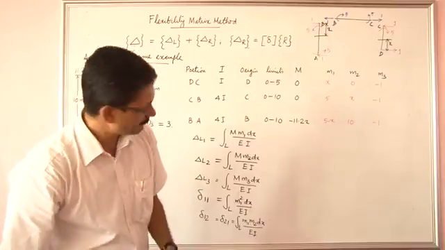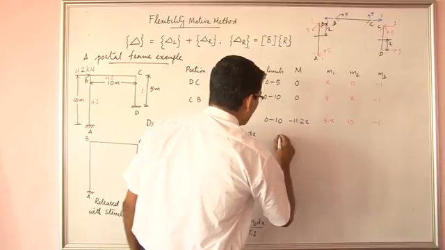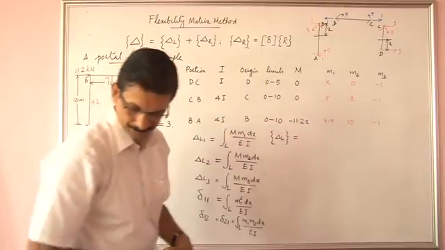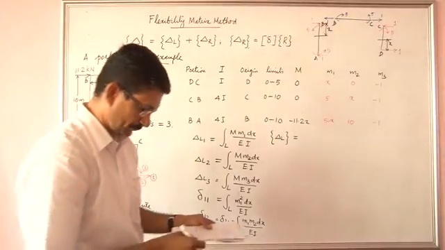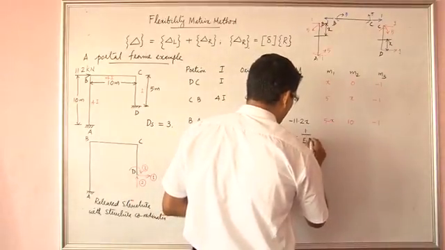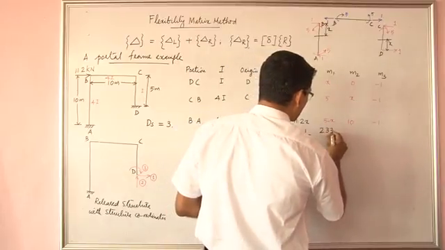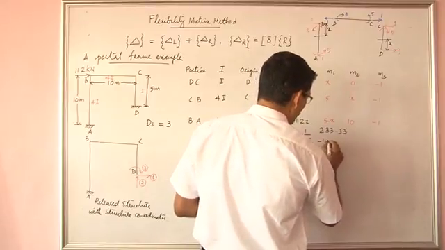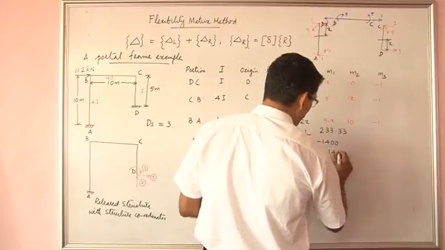So we are going to get finally the delta L vector equal to 1 by EI into (233.33, minus 1400 and 140).